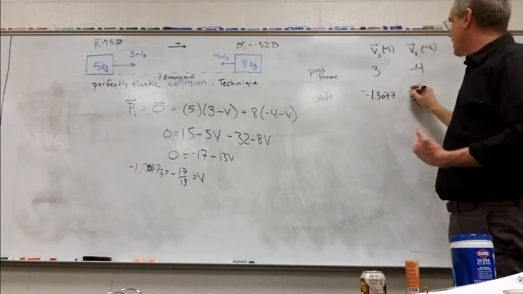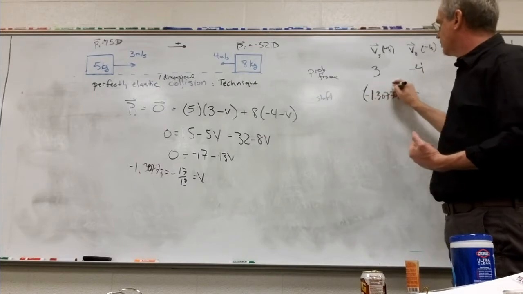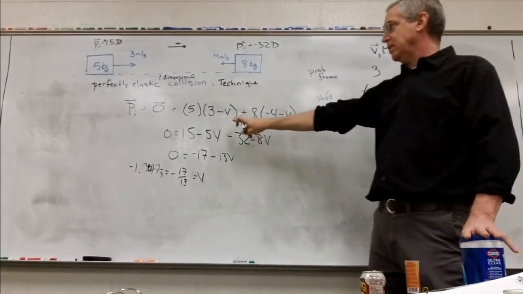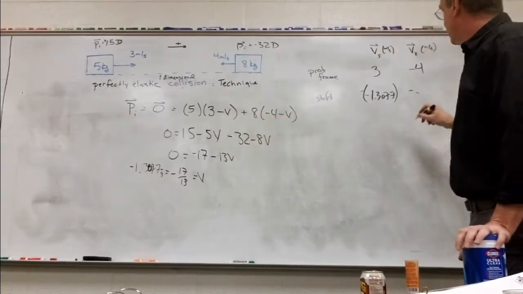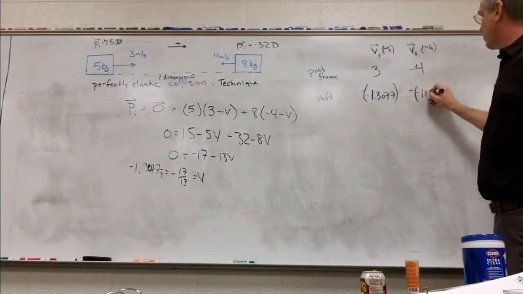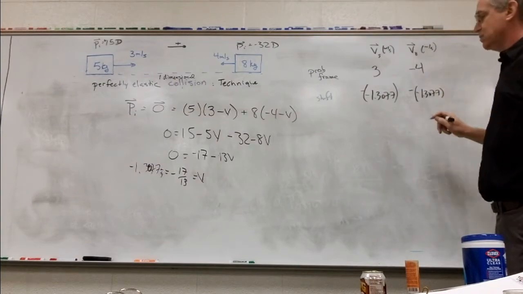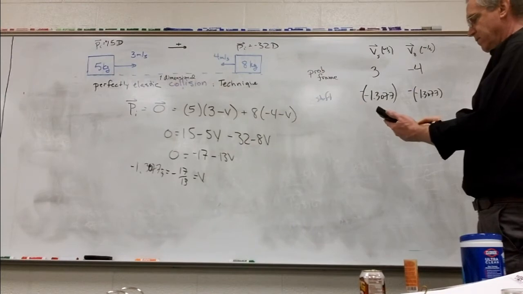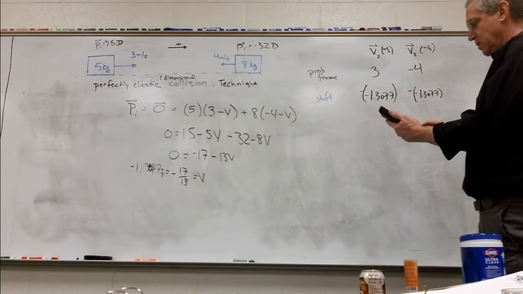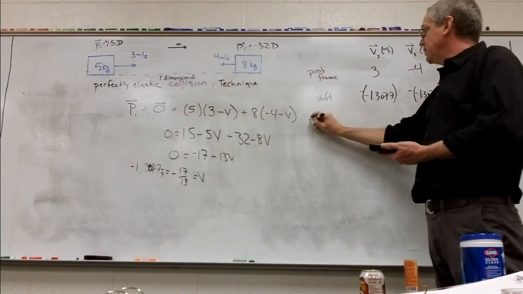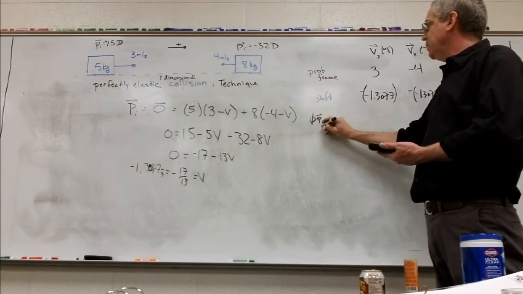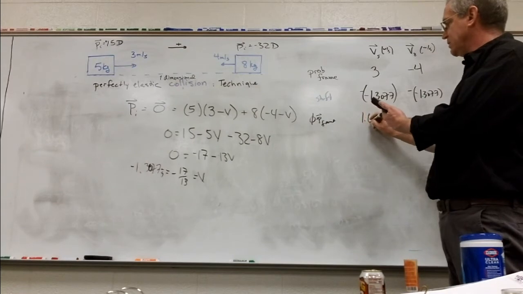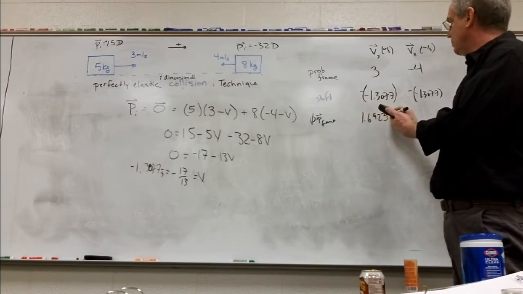So shift. So I'm going to subtract -1.3077, and subtract negative, because I'm subtracting whatever that is. So in the zero momentum frame, this is going 1.6923 meters per second.